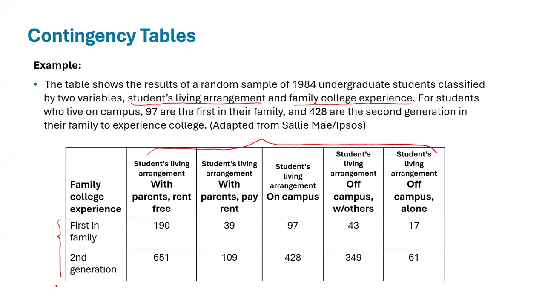So we have a 2 by 5 table, with 2 rows and 5 columns. We always show rows by the letter R and columns by the letter C. All the numbers in this table are the observed frequencies.